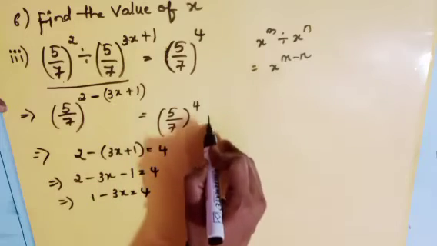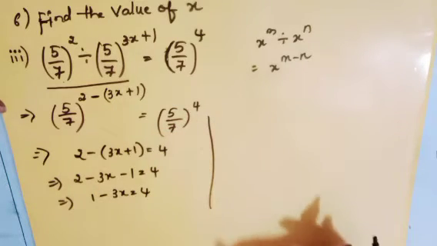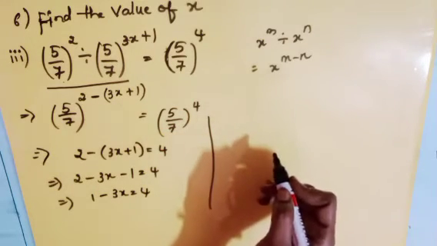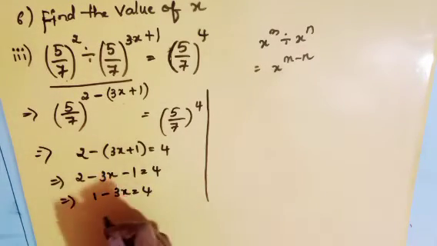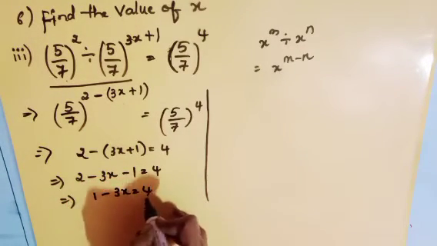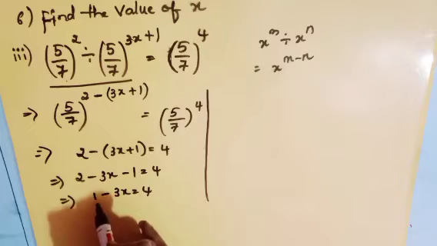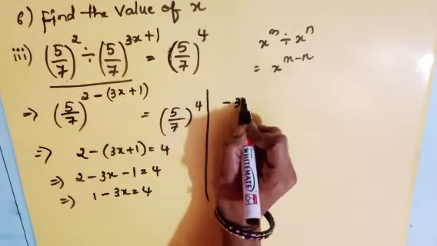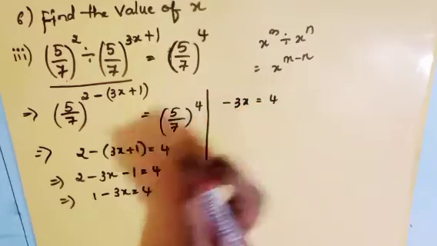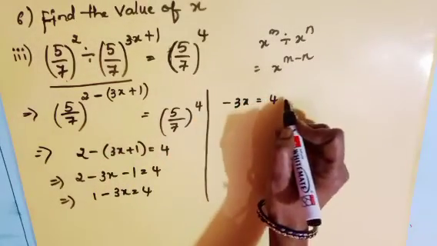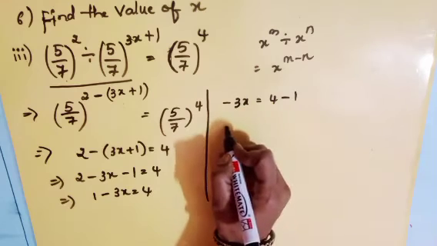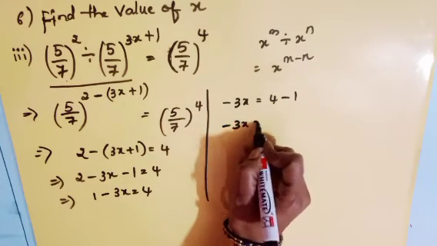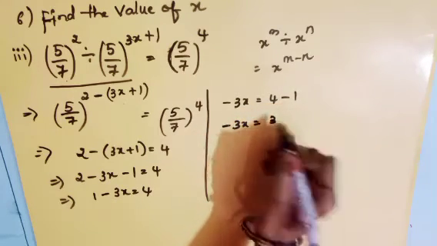Next, 1 minus 3x equals 4. Let us bring this 1 to the right side. So what will we get? Minus 3x equals 4, and when it comes to the right side, the sign changes to minus 1. Next, minus 3x equals 4 minus 1, which is 3.